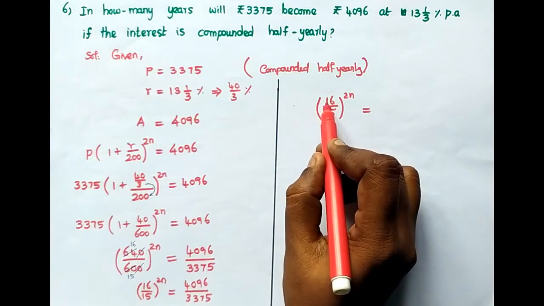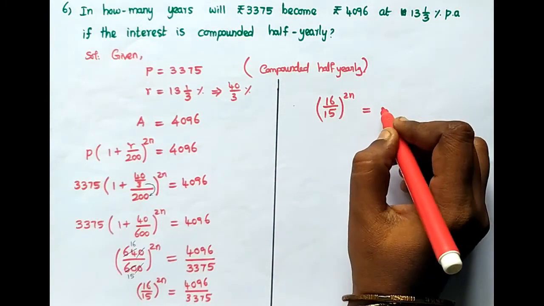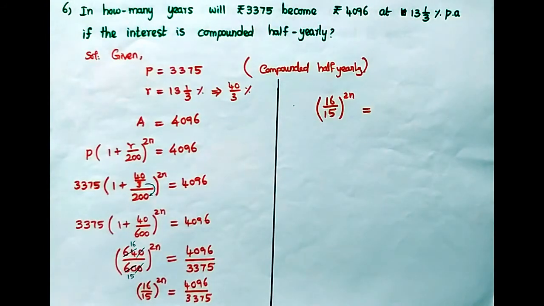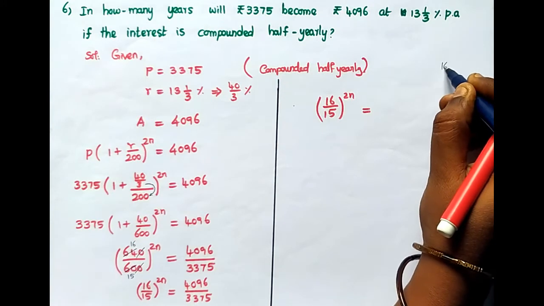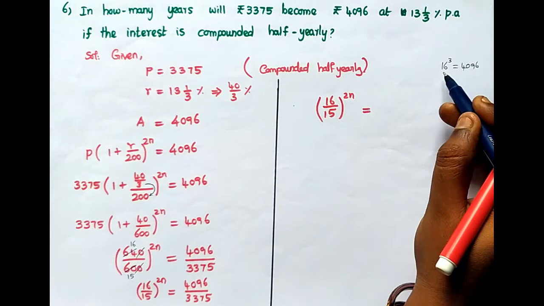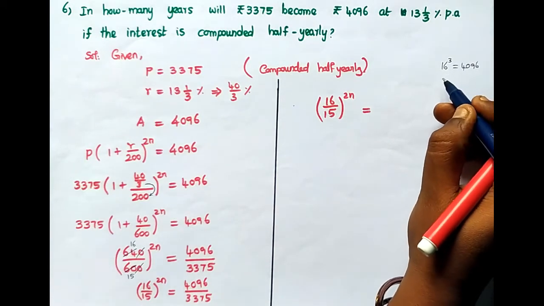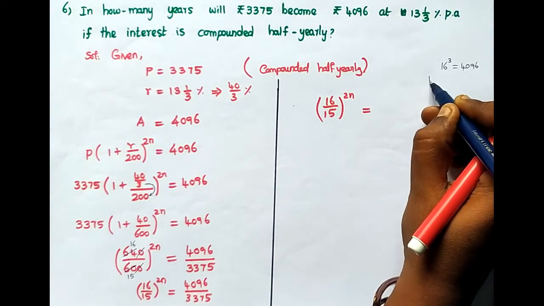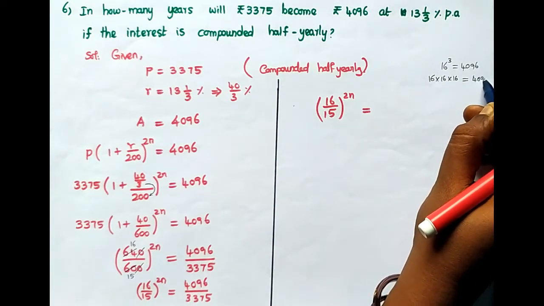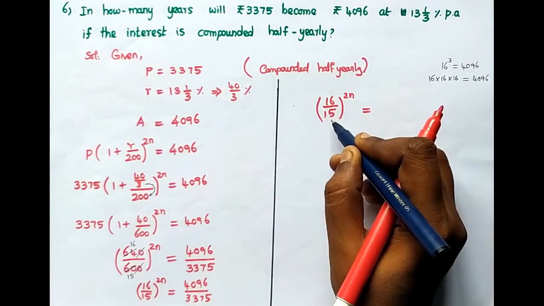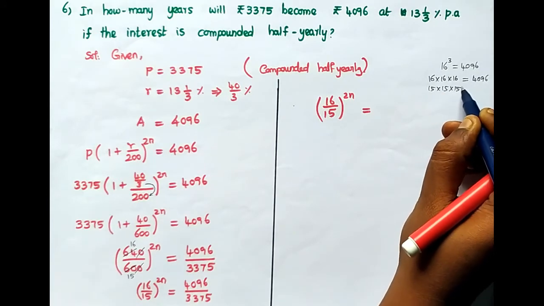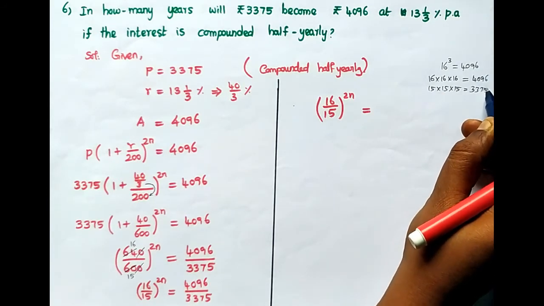Here what number, that number is there, that is 16 to the power 3, 16 cube equal to 4096. 16 into 16 into 16 equal to 4096, and 15 power 3 also 3375.